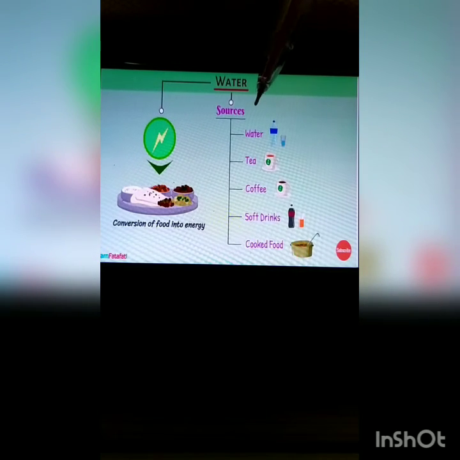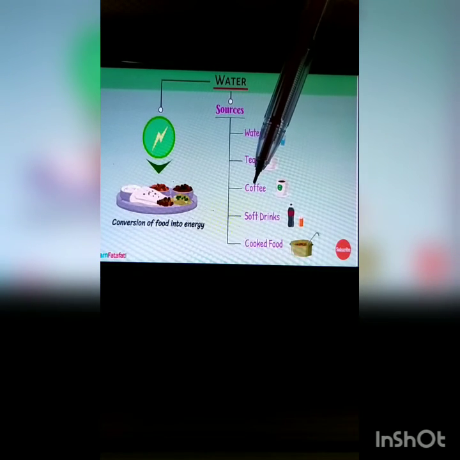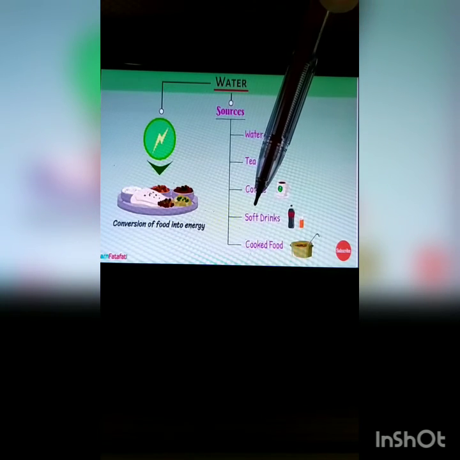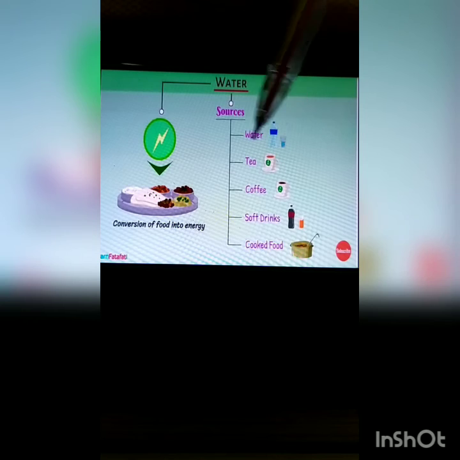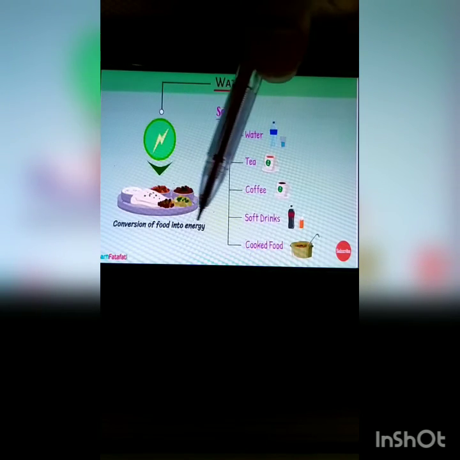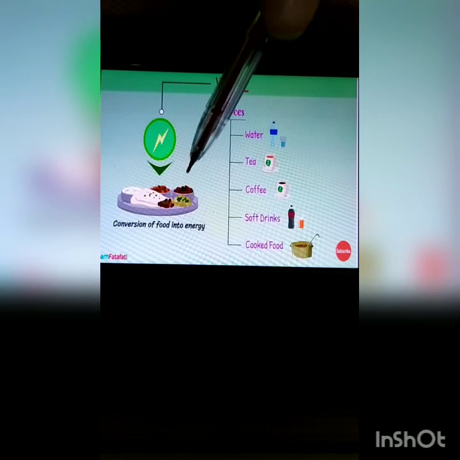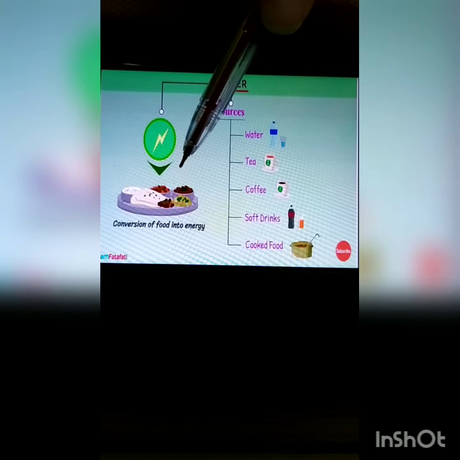You can see here, we get water from water itself, then tea, coffee, soft drinks, and in addition we add water to most of the cooked food. Water also helps in the conversion of food into energy.